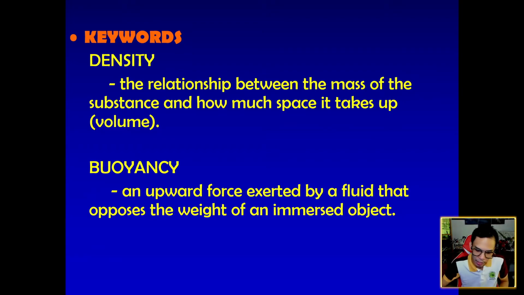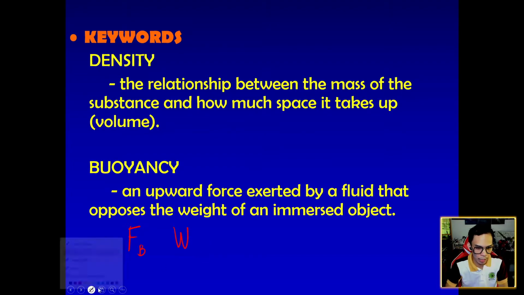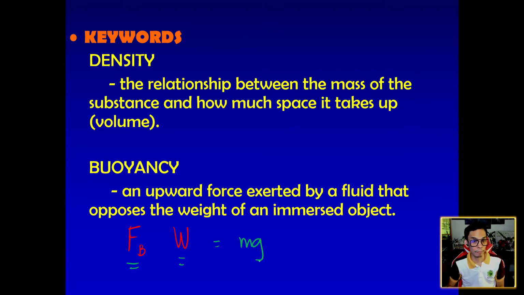It is simply written as F sub B, and the weight is written as W. So this is the buoyant force and this is the weight, and both of them are explained by mass times gravity.